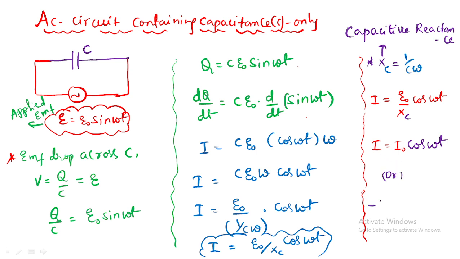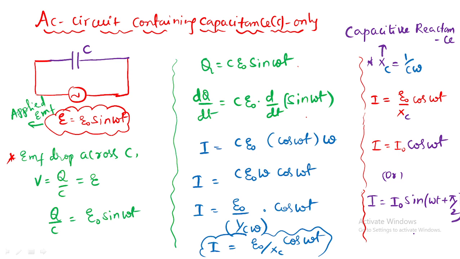Now what can I write? I is equal to I naught. Earlier also it was I naught cos omega t only. Yes or no? Do you remember? But this one, what will I write here? Sine of omega t plus pi by 2. Note down fast. So in this one, current will lead and EMF will lag.